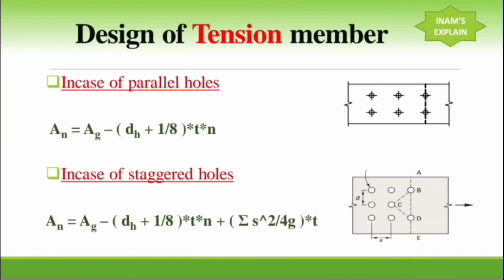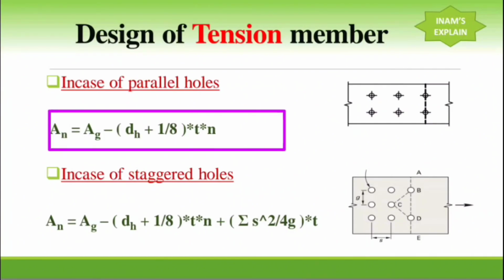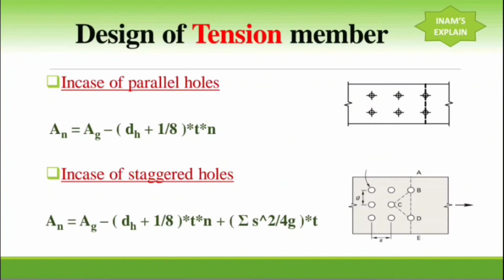The net area in case of parallel holes means the holes are parallel in one line, in the same direction. So remember this: the net area will be the gross area minus the area of holes. The area of holes will be the diameter of a hole plus the tolerance. We add the tolerance, whether it is 1/16 or 1/8, to the diameter of the hole, multiplied by the thickness.